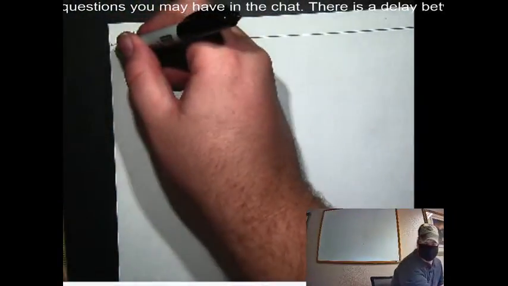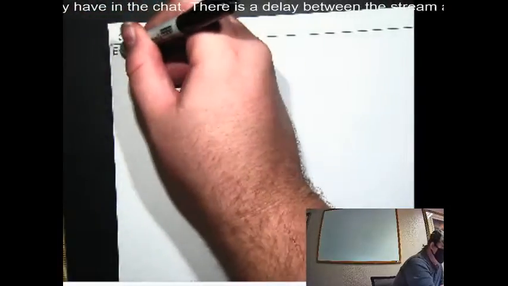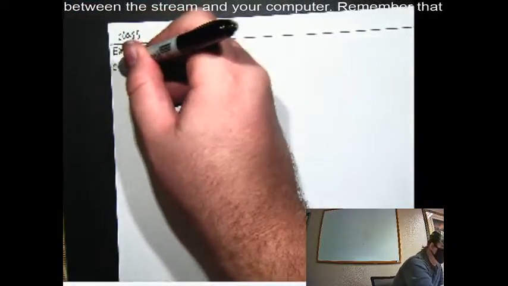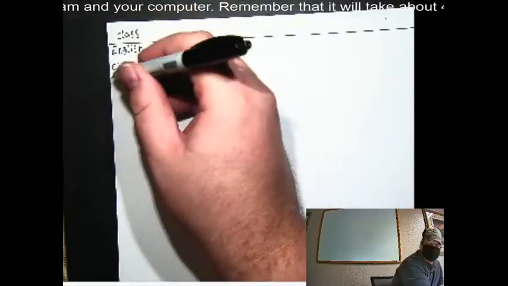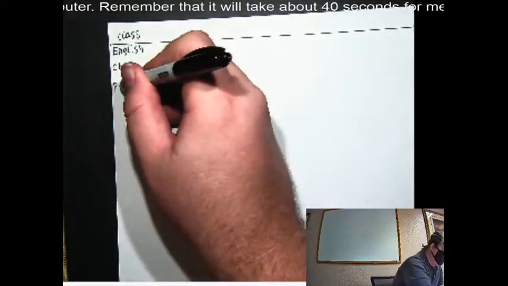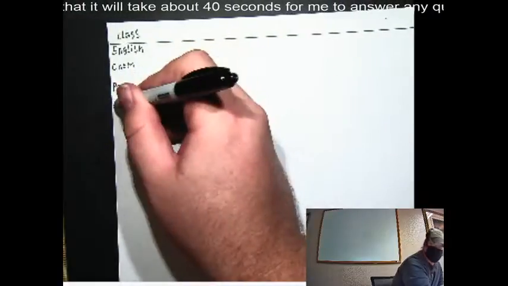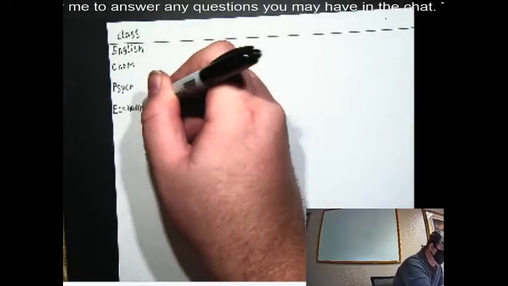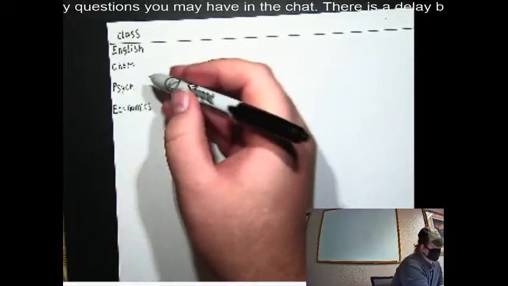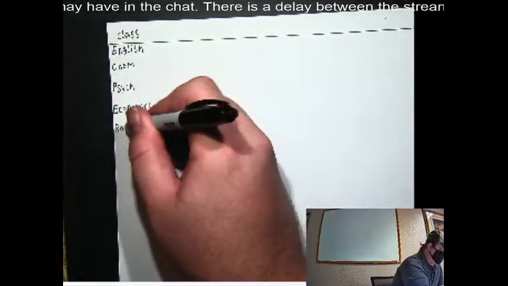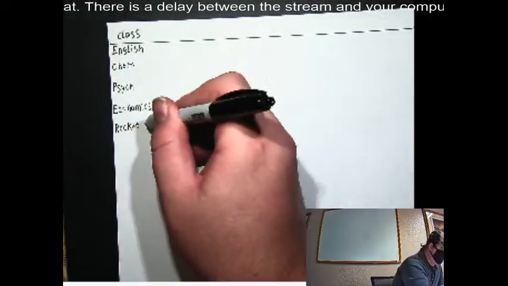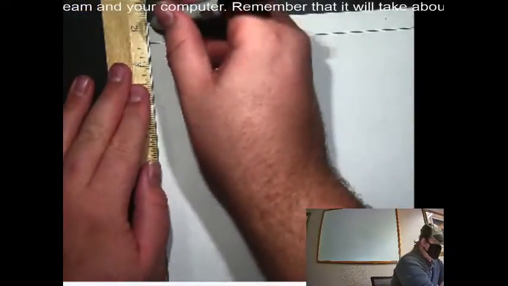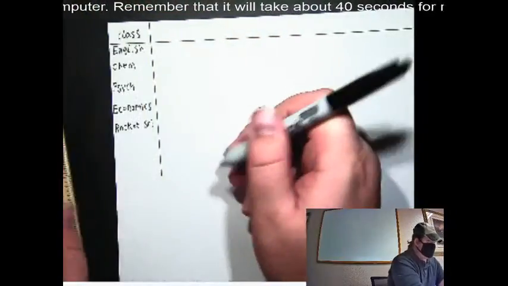And let's see, we have on this example that I pulled up online, English class, chemistry, psychology, economics, and interestingly enough, rocket science. Okay, so this school offers some interesting classes.